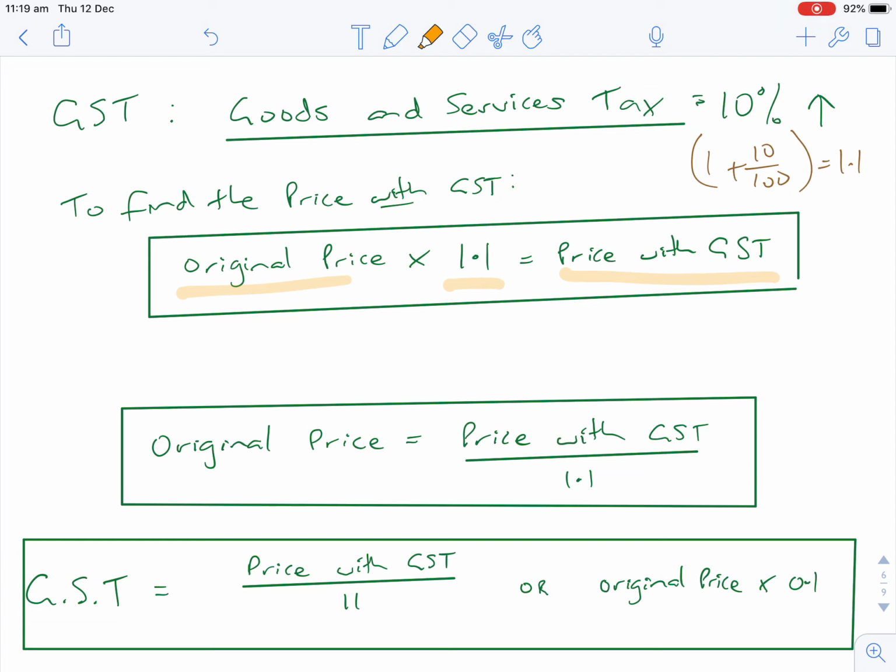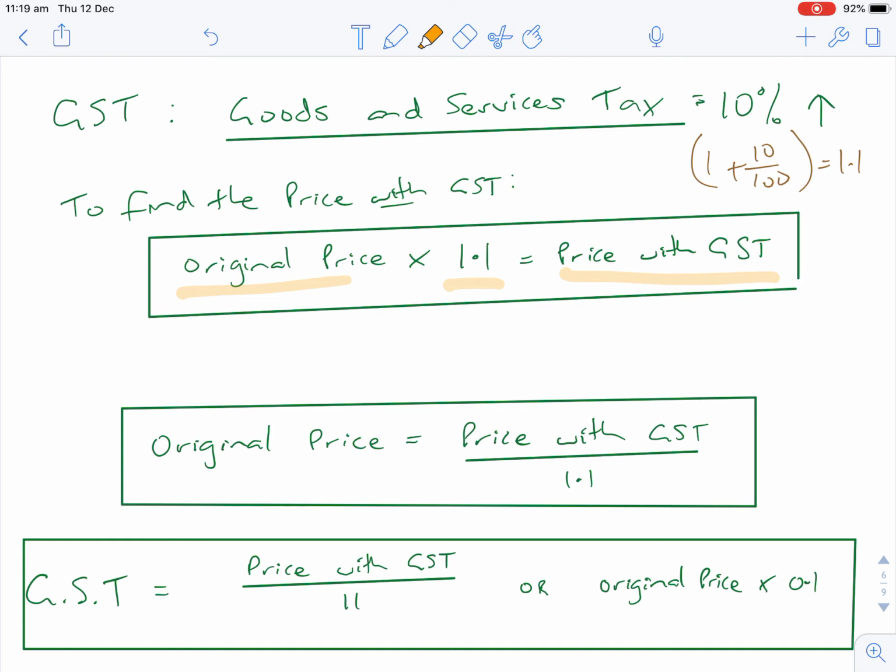Sometimes they want us to do the reverse. They'll say, the price that I'm going to pay is this, and that includes GST, so how much was the original price? Like I was saying before, you can't just find 10% of the price with the GST and take it off, because you'd be finding 10% of the bigger number, not 10% of the original number. So you'd think through that process and basically reverse it.